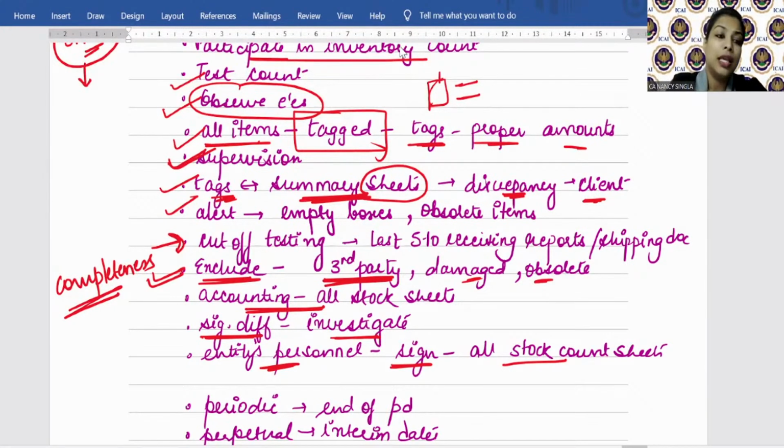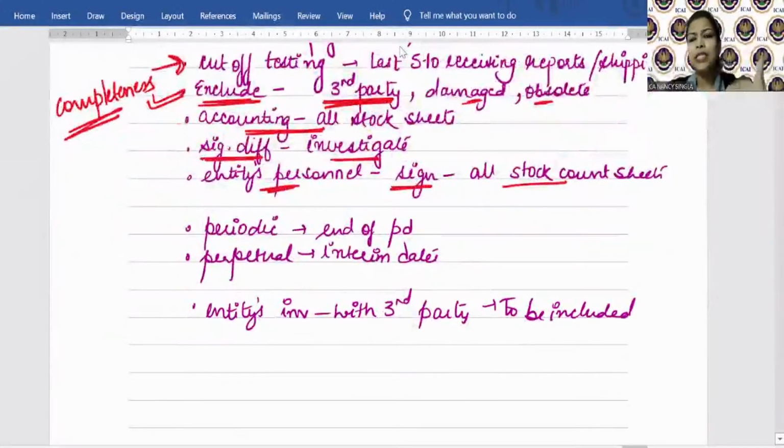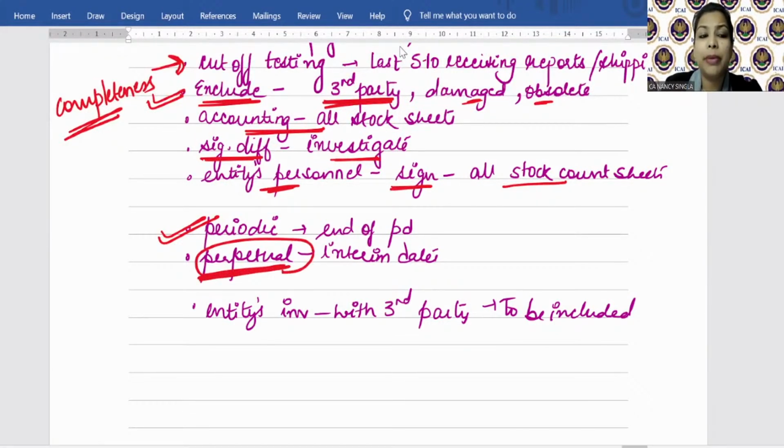Okay. Now, the next point: if the inventory has been counted on a periodic basis, let's say at year end, then the auditor will attend that physical inventory count at that time, right? Now, if the records are maintained on a perpetual basis, what is perpetual? Continuous basis.